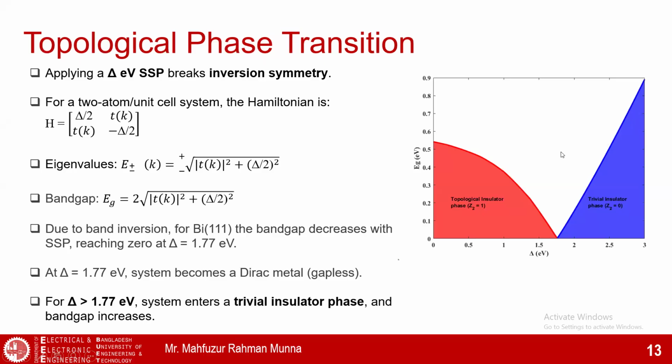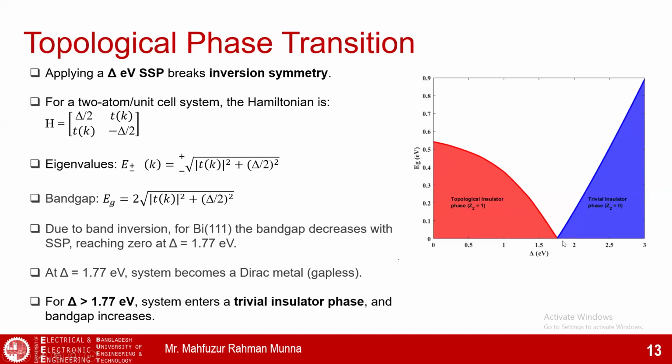Normally, if we apply a staggered sublattice potential, it will decouple the conduction and valence bands, so the distance between them will increase. But as there is a band inversion, the conduction band will go up and the valence band will go down. As a result, the inverted band gap will decrease.